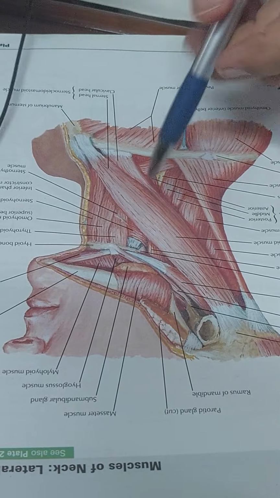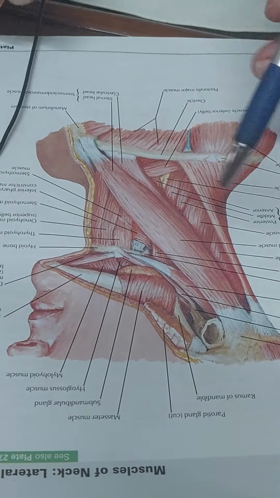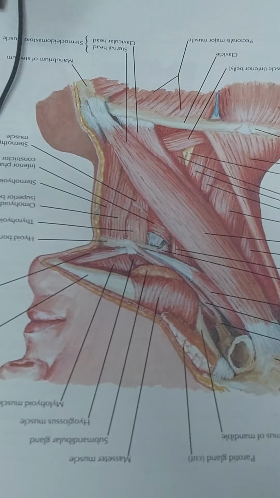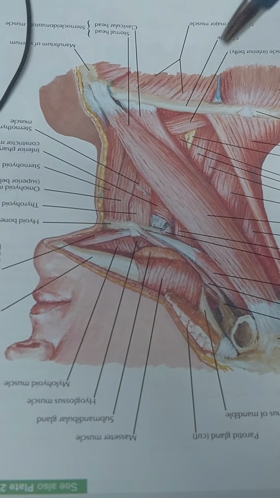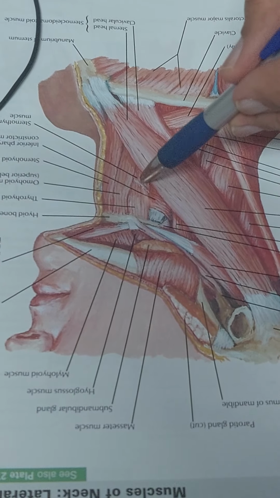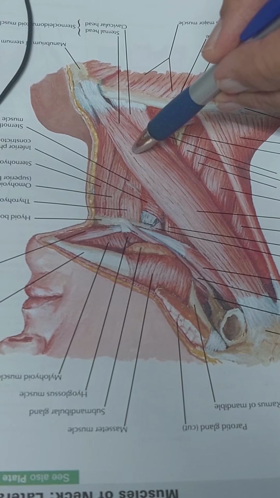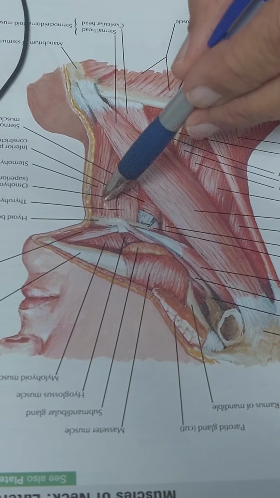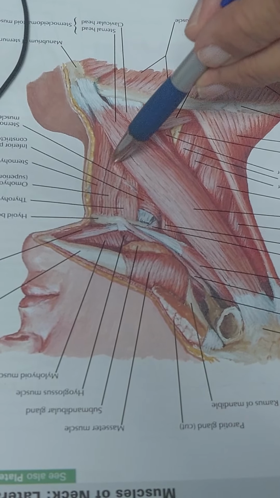Then below the hyoid bone, there are muscles which are called infrahyoid muscles. Out of that, you can see this muscle which is called thyrohyoid. And then you can see this omohyoid muscle which has the superior belly.